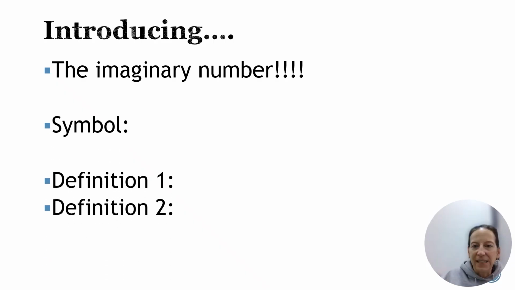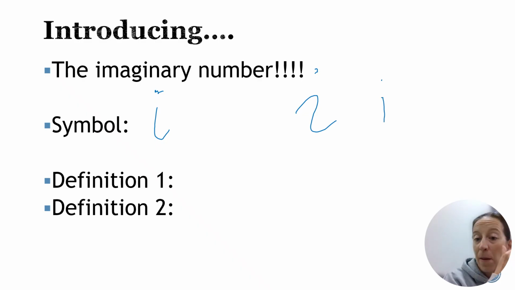Let's get into what this is. Well, it obviously needs its own symbol. None of the current numbers that we have are going to work with this. So the symbol for it is a lowercase i. Typically when I'm writing it out, I will put a little hook on the end of the i to make it look italicized. When people are typing, they will just type a regular lowercase i, for convenience.